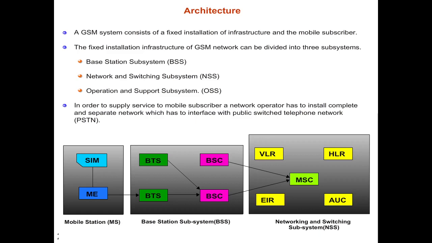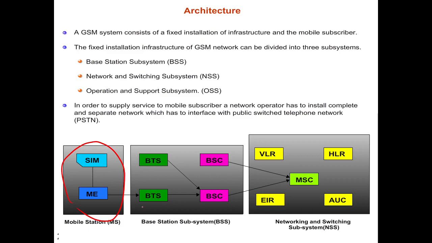Okay, so let me now put in a colorful picture and tell you. When you look at the mobile station, you have your mobile equipment, which is your phone, the smartphone you have these days, the typical hardware, and it has a slot for you to put the SIM. The SIM is very important for the subscriber to register with the service provider and get hold of the service. So this forms a mobile station.